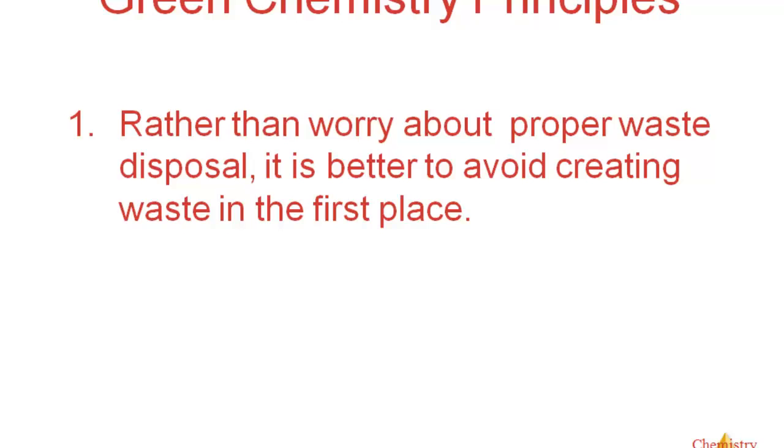Wouldn't that be better? If you don't have the waste to start with, you don't have to worry about how to dispose of it. So that is the first concept. Think about new processes or new methods to do the same thing, but creating less waste or no waste at all. That is the first principle.